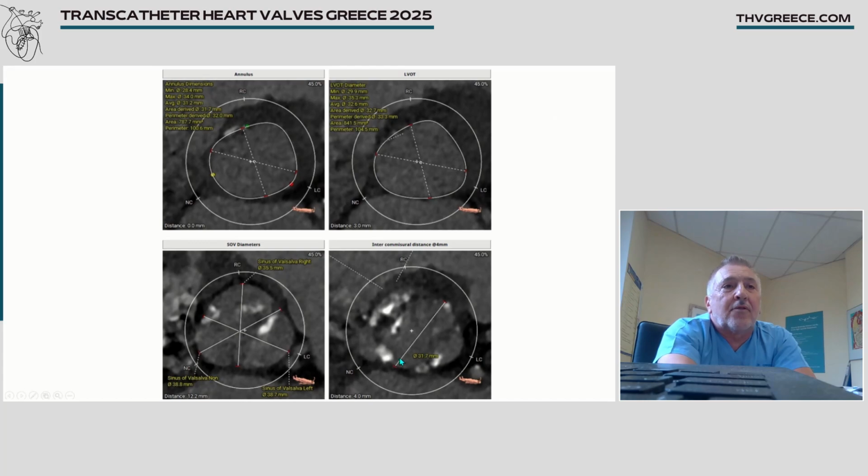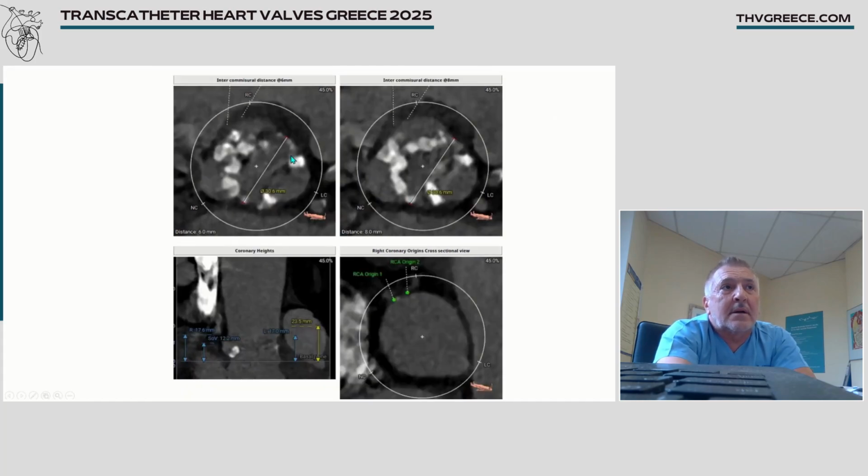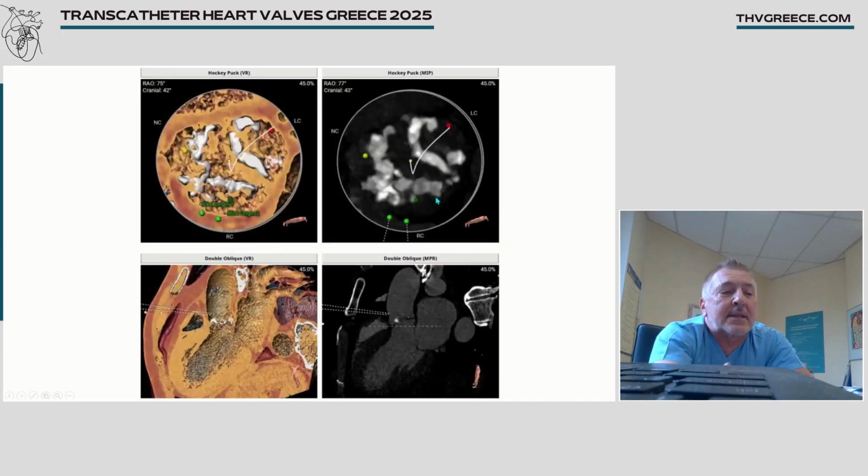And 4 millimeters above the annulus, the intercommissural distance was 31.7, and higher at 6 millimeters was 30.6, and at 8 millimeters 30.6. So as we can understand, there's a conus-shaped aorta.